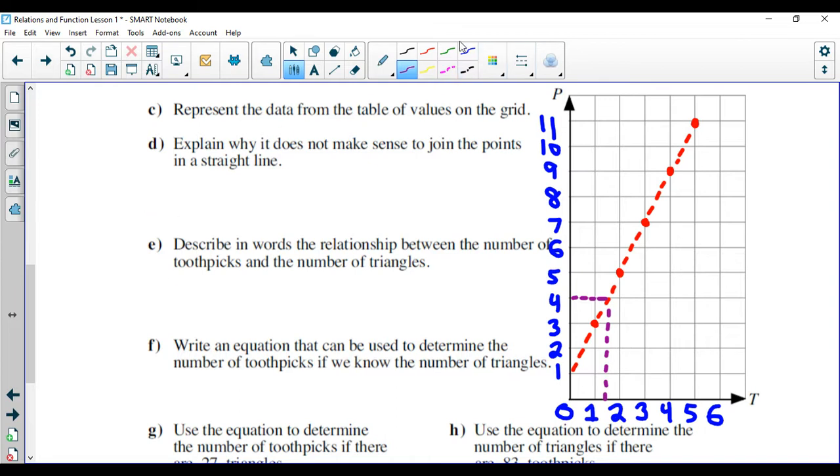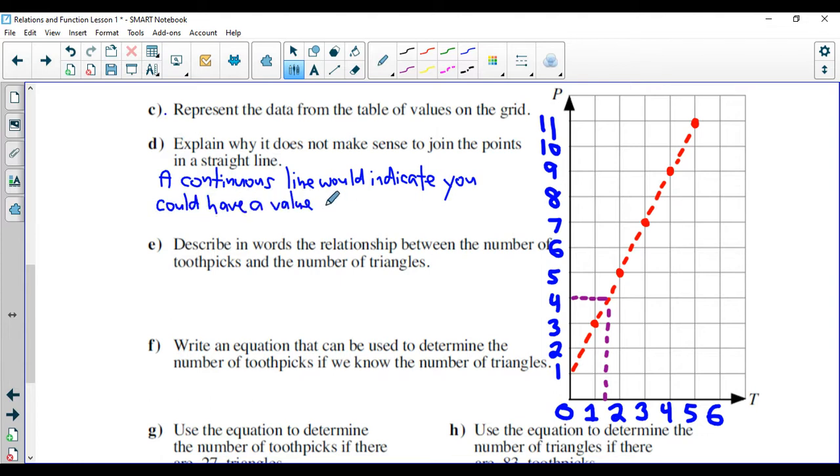So this is the issue. Let's just identify this. So I'll say a continuous line would indicate you could have a value at, for example, we'll use that point that I identified.